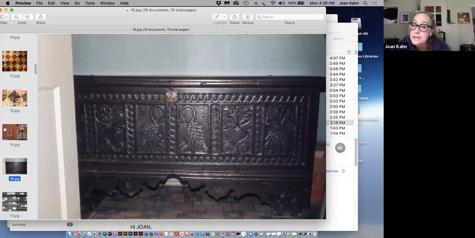Then I happened to meet somebody whose business was restoring Russian and religious icons, those little folding things. She thought it was a marital farmer's chest because of the chickens and because of its shape. All of these things made me understand this chest a lot better.